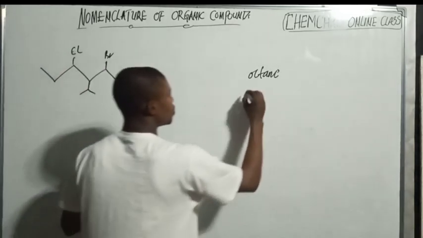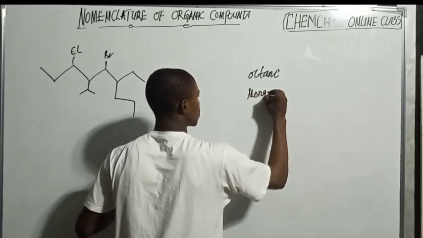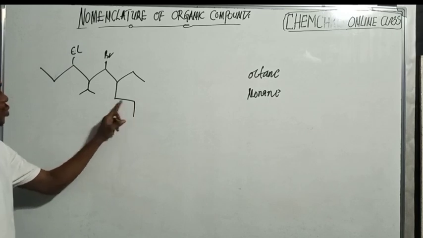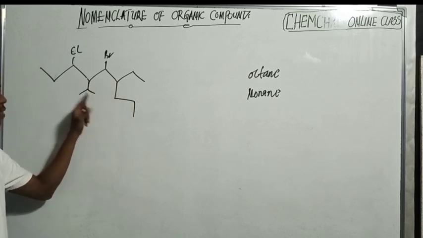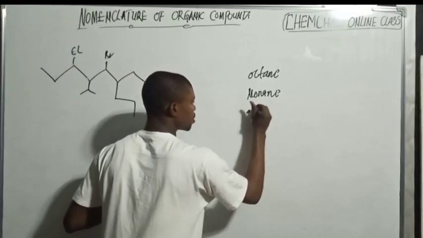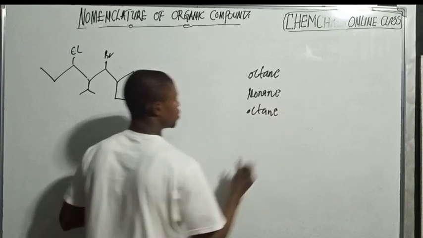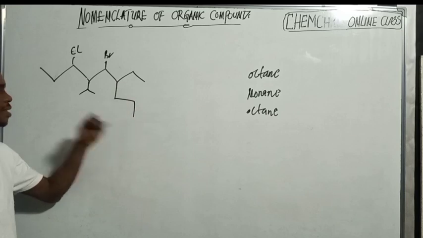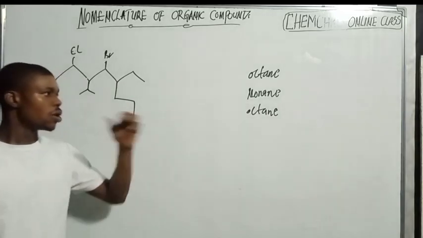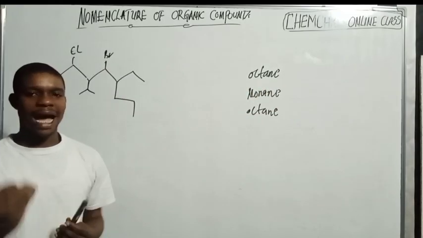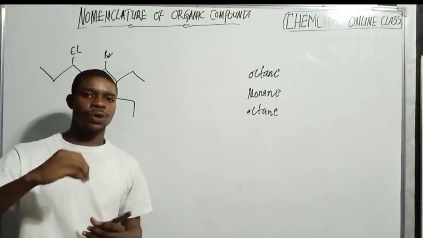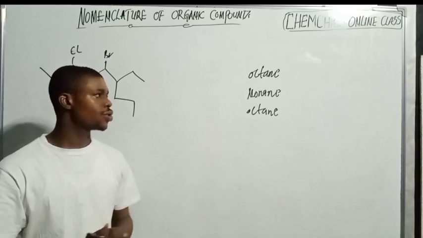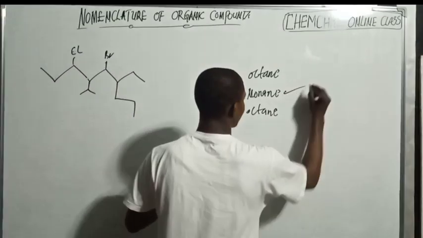Here we have nonane. What other possible ways can we name it? 1, 2, 3, 4, 5, 6, 7, 8, octane. Then 1, 2, 3, 4, 5, 6. So no matter how you do it, nonane is going to be the one with the highest carbon atom count. Do you understand? So nonane is the parent chain.